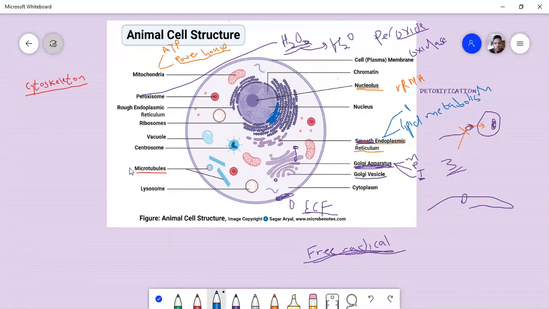Number one, it's your microfilaments. Number two, it's your intermediate filaments.